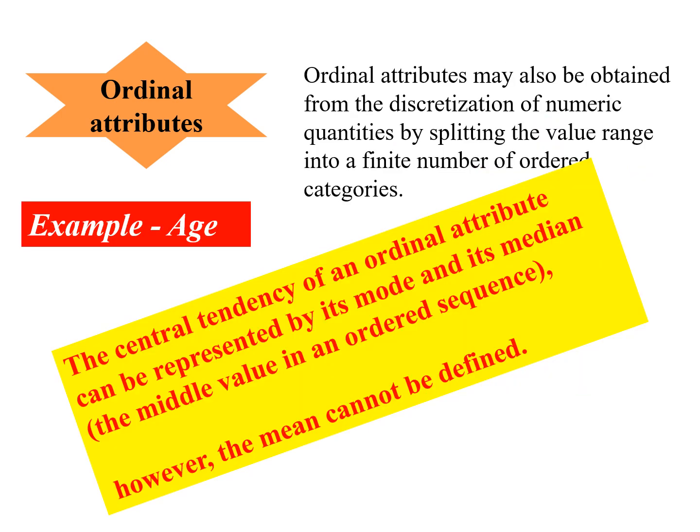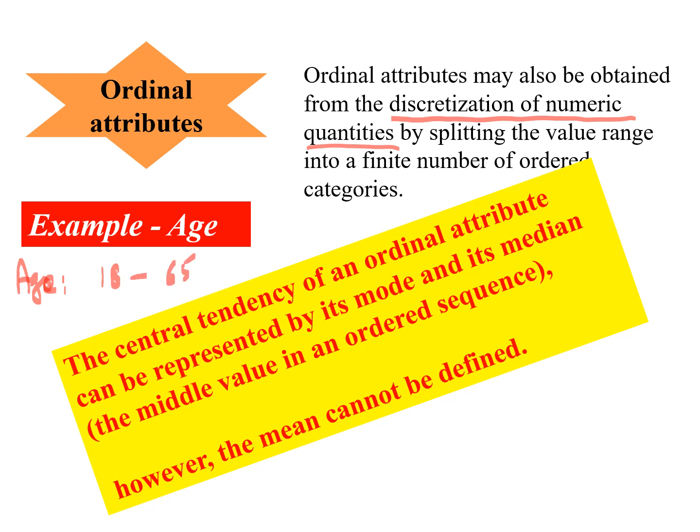Now, ordinal attributes sometimes come up when we are discretizing numeric quantities, maybe for more understandability, maybe for making the study more compact. As an example, you have an age attribute and you have the age values starting from, say, 18 to 65 in a study.